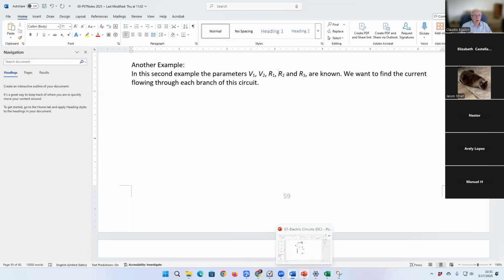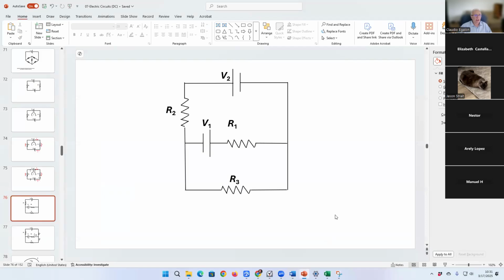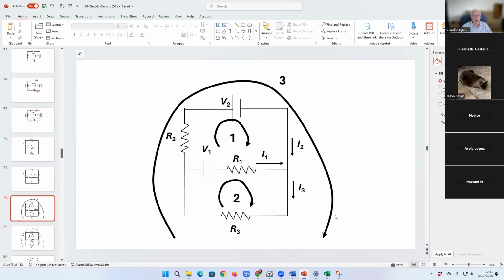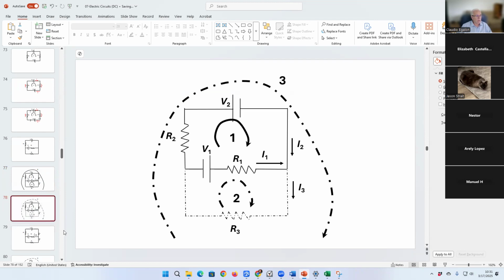Just like before, we must identify the loops. Here, I'm identifying the loops. Let's start with the loops, right? The loops are easier to identify. In this case, we have three loops: 1, 2, and 3.